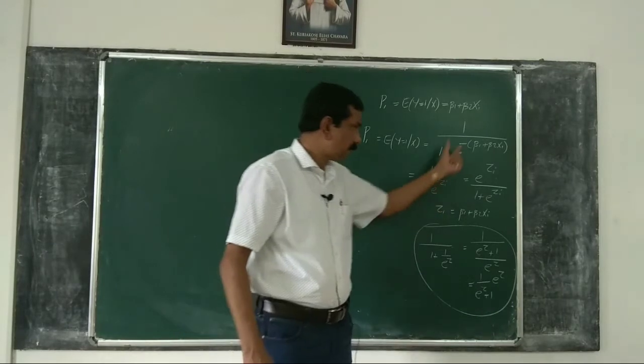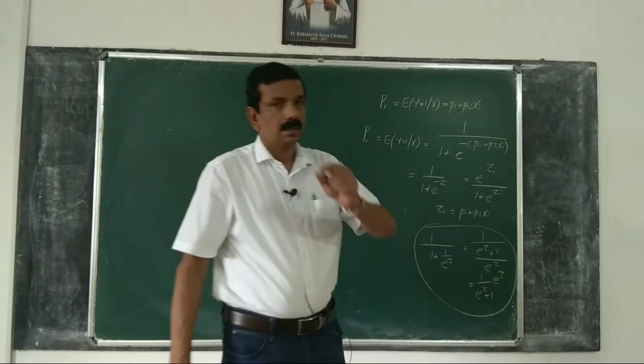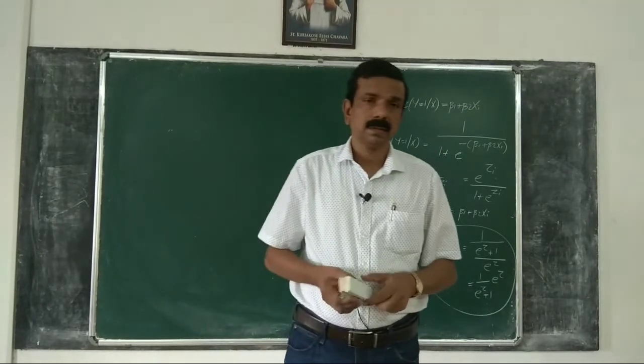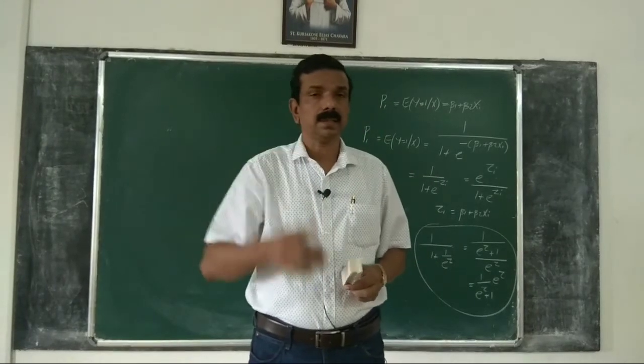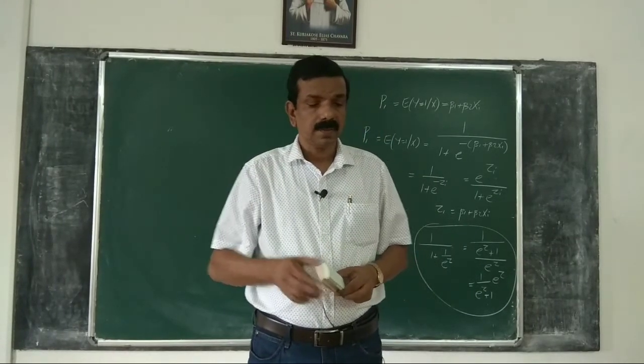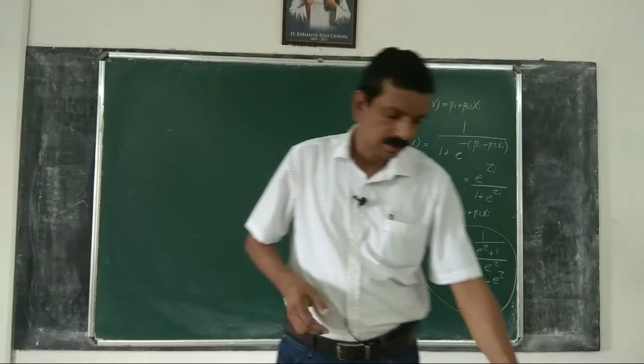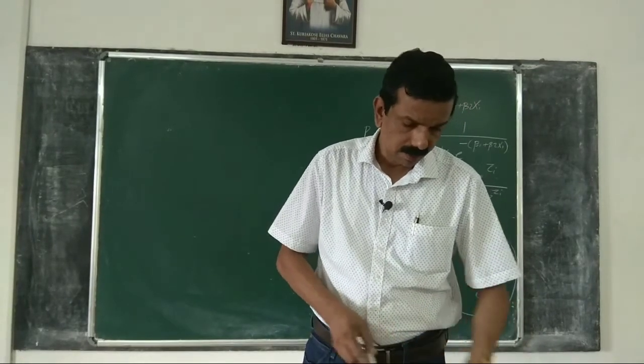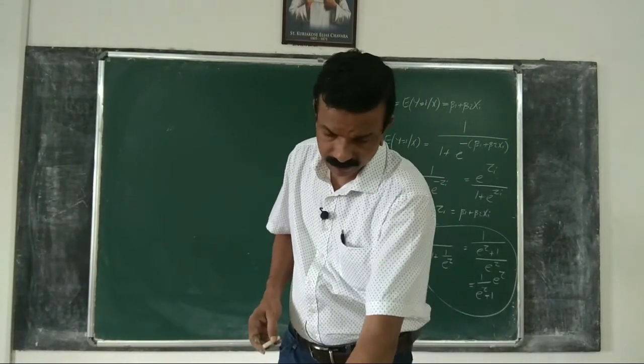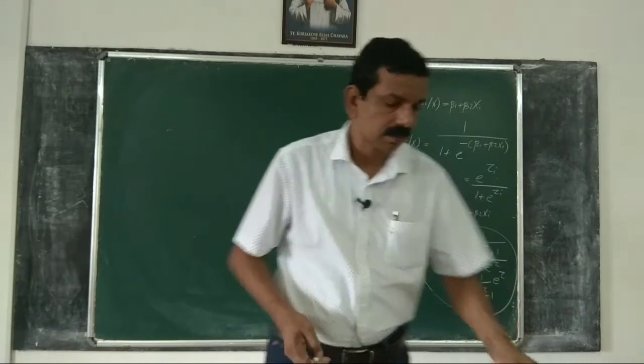But this model is, as we have discussed earlier, intrinsically linear. That means we can linearize this model by giving a suitable transformation. Let us see what the transformation is.